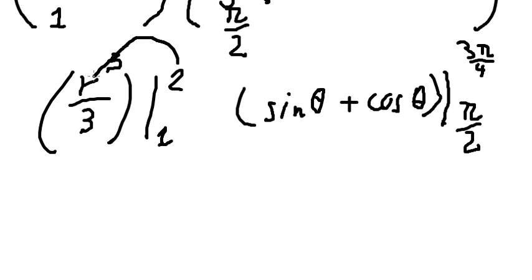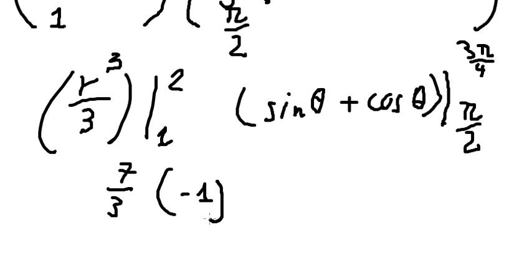So I will put 2 in here and 1 in here. So this one we have 7 over 3. This one we have negative 1. And we have the final answer. This is the end. Thank you for watching.